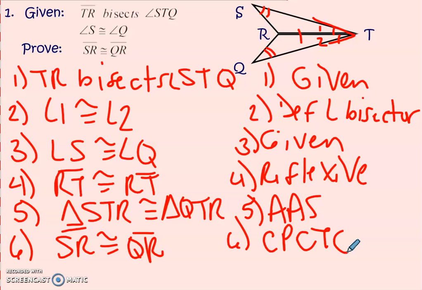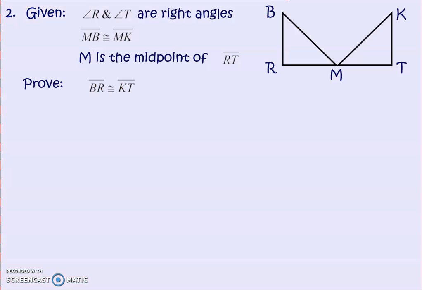We've just added one step after we showed that the triangles are congruent. So what I want you to do is start by proving these 2 triangles are congruent in your notes, and then add on an additional step of CPCTC to say that BR is congruent to KT.